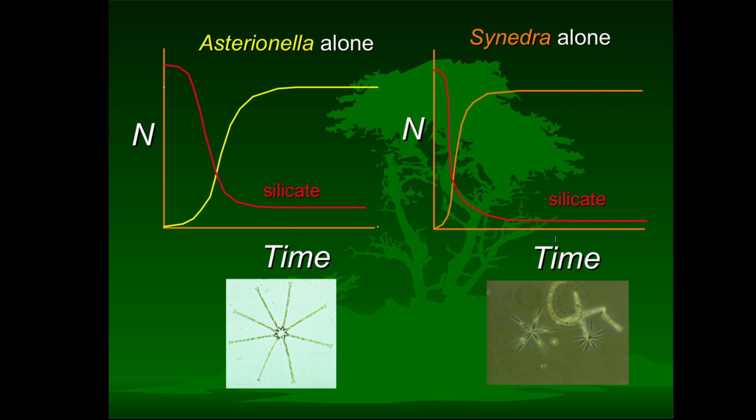So the populations increase to the level at which the silicon supply rate can support it. As you can see, each species reduces the level of silicate by a different amount at equilibrium, at carrying capacity. So Synedra alone can reduce the silicate to a lower level at equilibrium and can still maintain its population at a lower level, as you can see here.